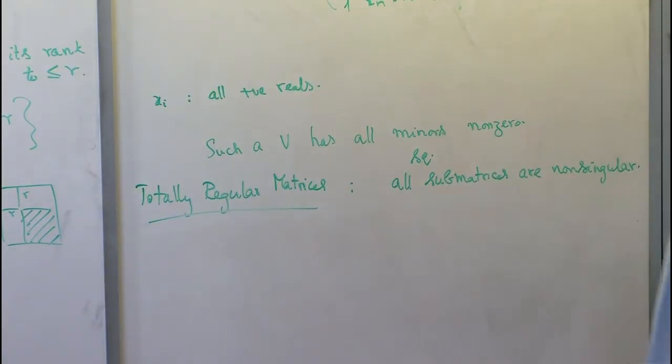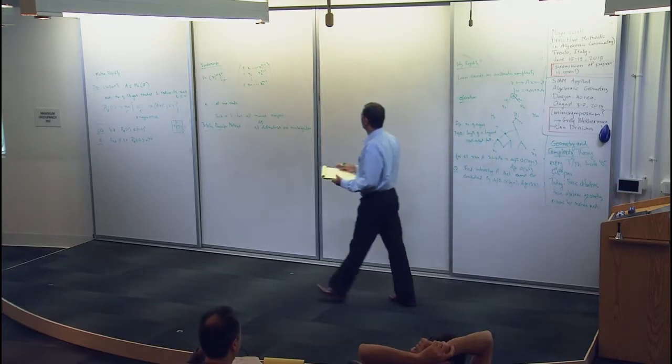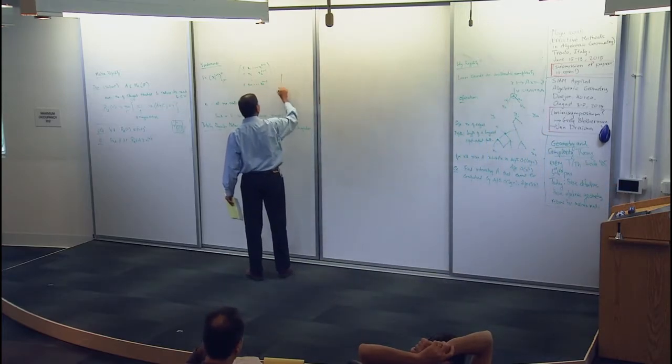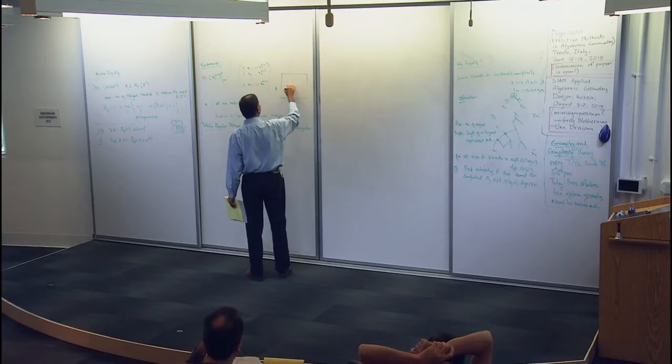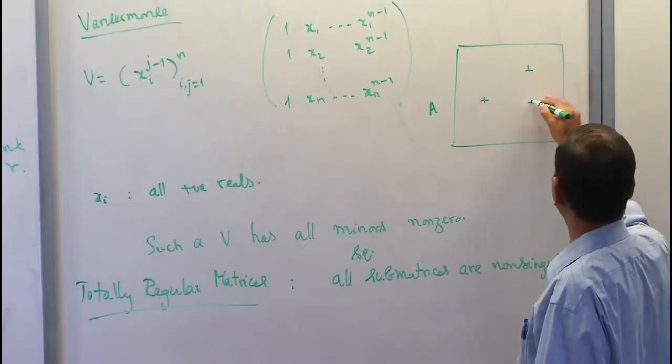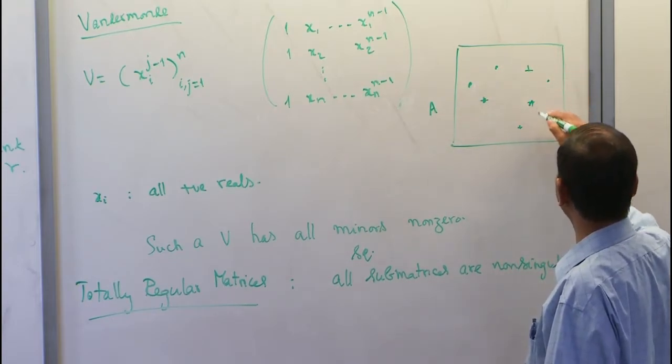So now I want to prove the theorem. Actually, let me not state the theorem yet. It's easy to arrive at the theorem by just looking at this problem. If I want to hit every R plus 1 by R plus 1 submatrix, I need to choose enough.